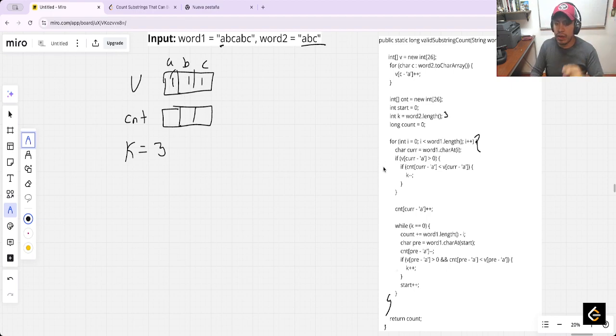Yes. Okay, now the counter in the same position, that is A, B, C. In this case A, it's minor than this, 0, it's minor than 1, which means that K, the first time, is 3.